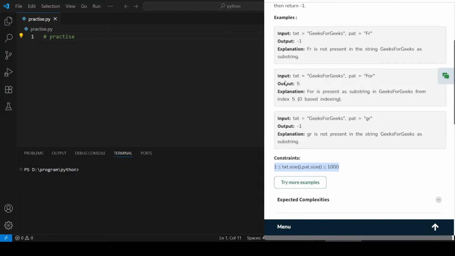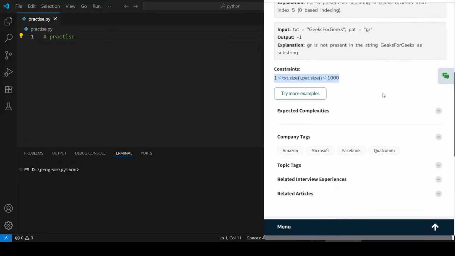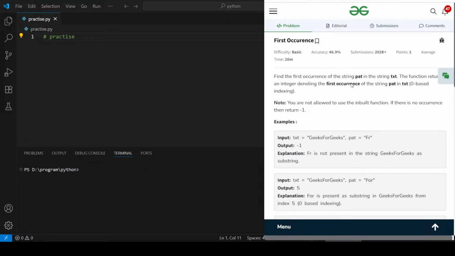We need to return the starting index of that match. Fine. If the pattern is not present in the string, return -1. You are not allowed to use the inbuilt functions.